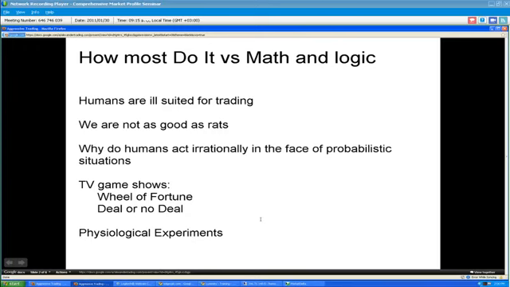So the average person will weight loss about twice as much as they weight gain, and that causes us to do certain things that are not rational in terms of mathematical probability and the way you would act if you were really acting rationally.